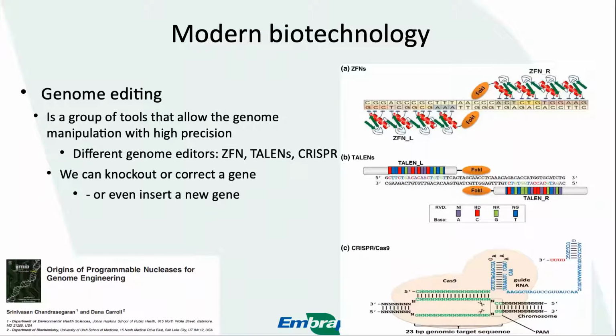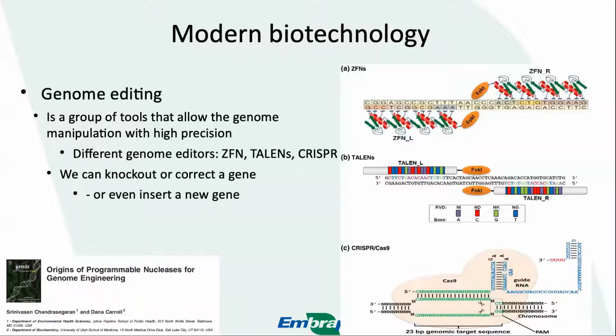Before starting, I should say that for genome editing you have different tools to perform gene editing. In the picture on the right side, you have 3 examples: the zinc finger nuclease, the TALENs, and the CRISPR-Cas9. They work in a similar way. You have a nuclease enzyme that breaks the DNA, the gene, and when the gene is repaired, you can insert a mutation to knock out a gene, for example, as was mentioned before.